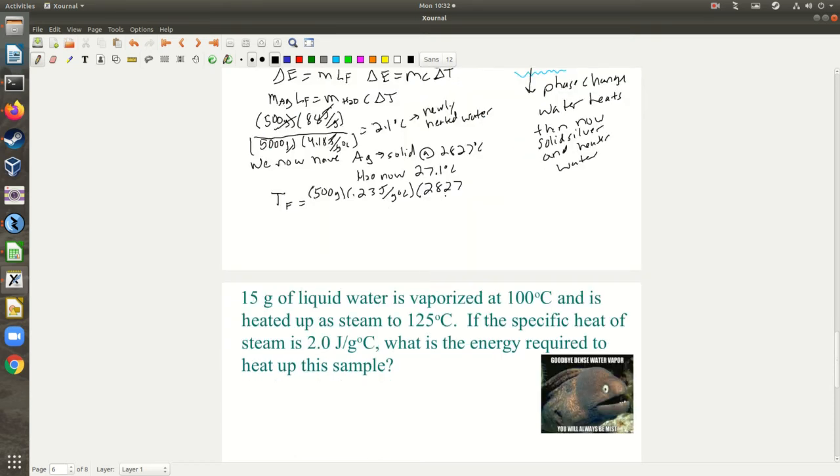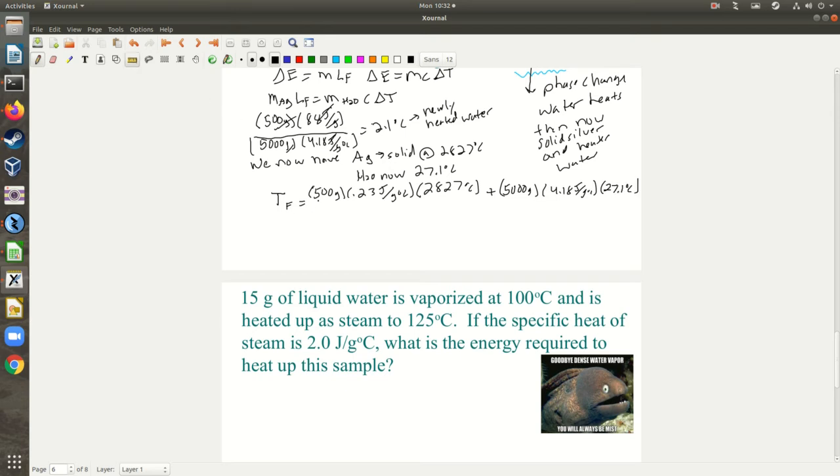Yeah, we're good. And then M2 is going to be my water, which is 5,000 grams. Its specific heat we know is 4.18 joules per gram degrees Celsius, and its initial temperature, which is not 25. Remember, it's 2.1 higher than that, so it's going to be 27.1 degrees Celsius.